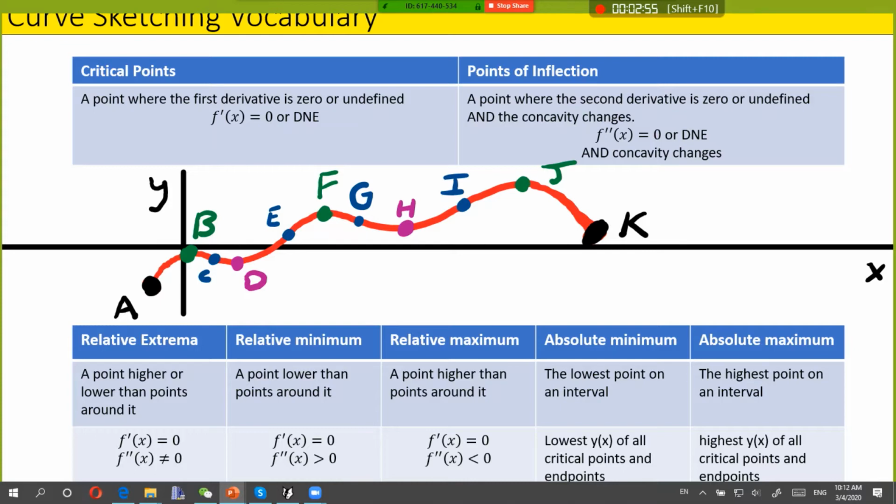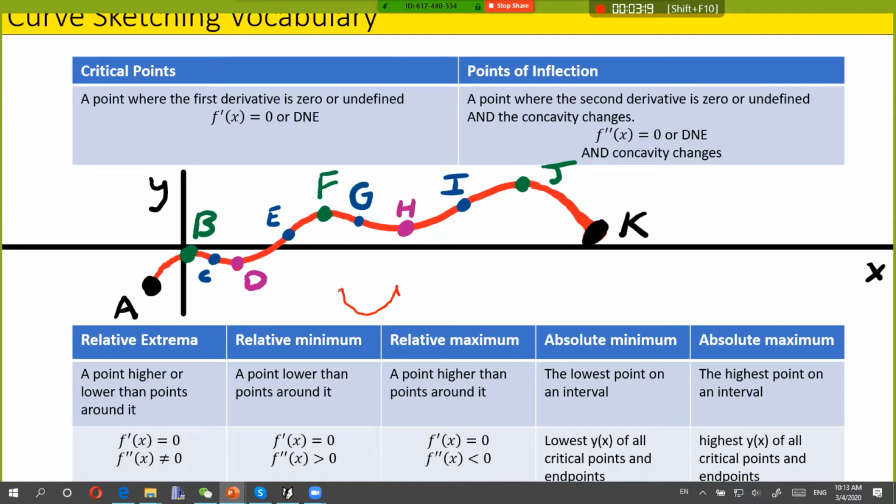A relative extrema is a point that's higher or lower than the points around it. So that means the first derivative is 0 and the concavity is either positive or negative. If you have a relative minimum, my first derivative is 0 and the concavity is positive. So here at D, we are concave up. I'm going to blow this up.